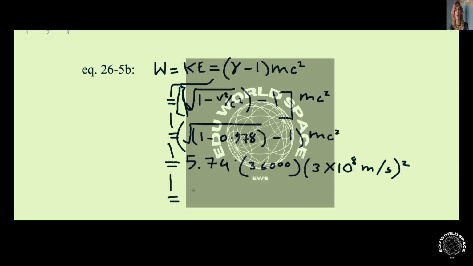Eventually, you end up with something very close to 1.86 times 10 to the 22 joules. This is a lot of energy. This is actually about 100 times the total energy consumed by the United States in a year.